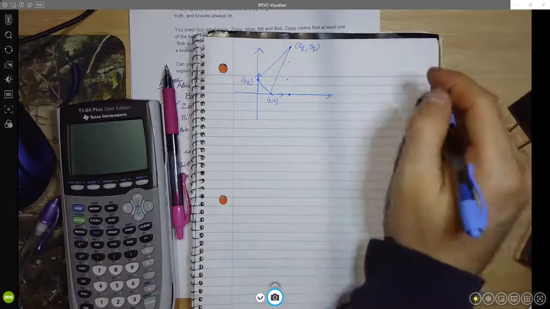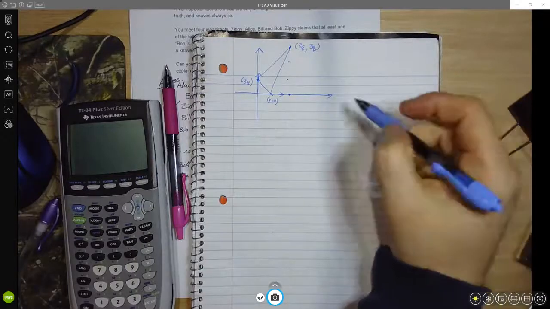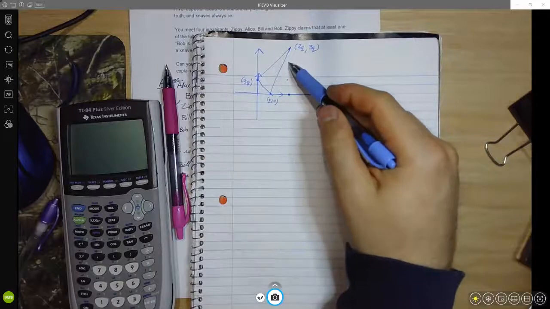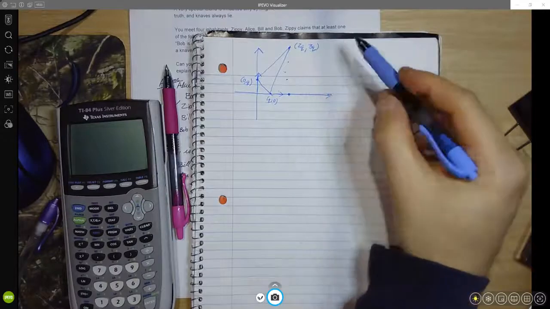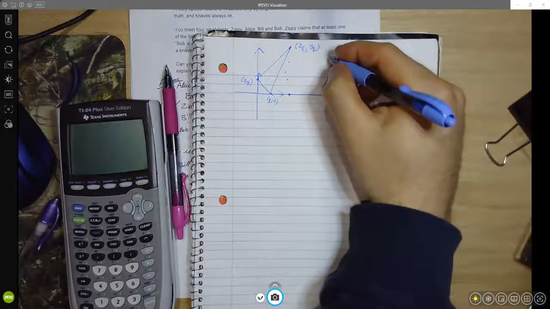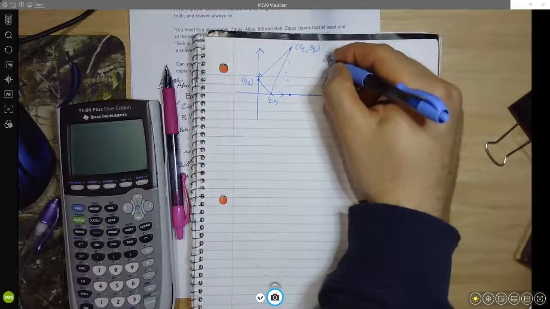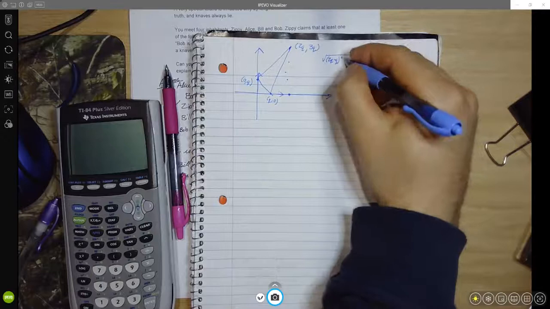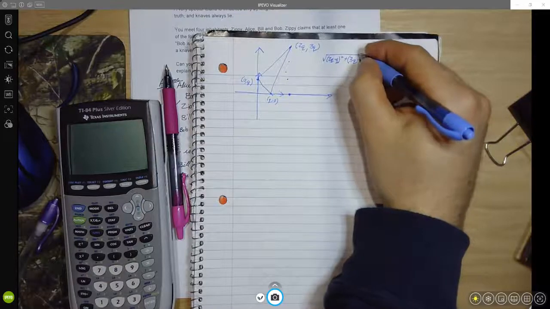So you could do this a couple different ways. You could use the distance formula and do a squared plus b squared equals c squared. This obviously is your longest side. So maybe you did it that way. So then you would have, is that messy? If you do like (2q - q) squared plus (3q - 0) squared.